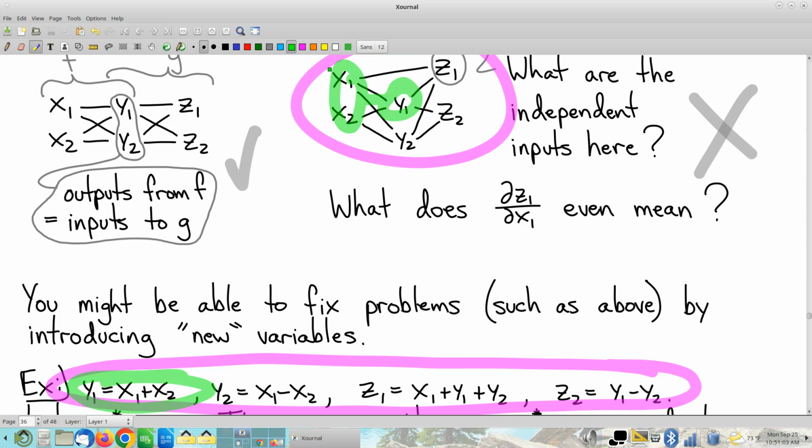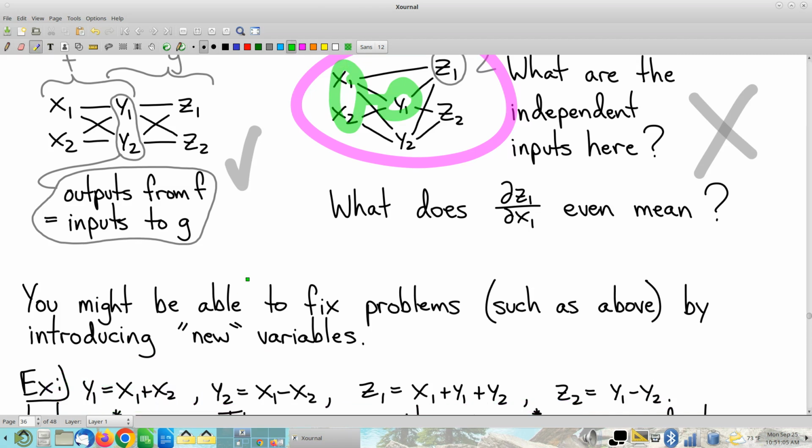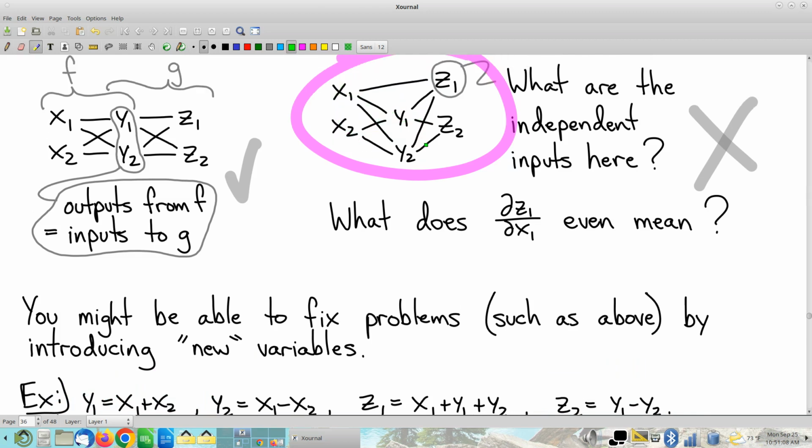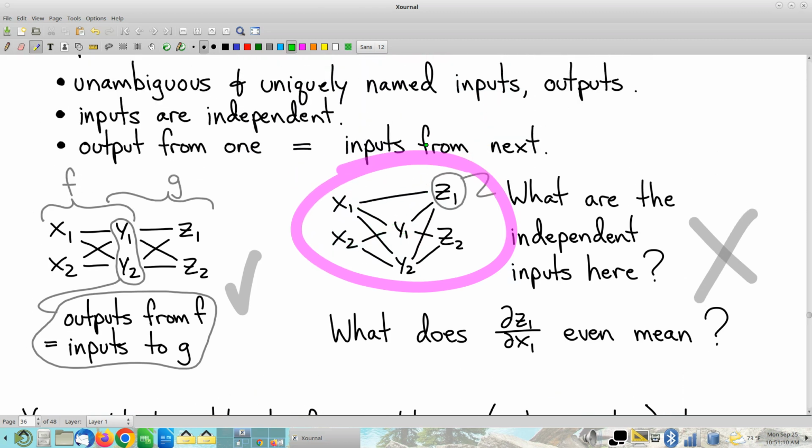Now, I ask, though, looking at this diagram, does that represent a composition of functions in this sense? And no, it really doesn't. I don't know what that is. That's not, as written, a composition of two multivariable vector valued functions.